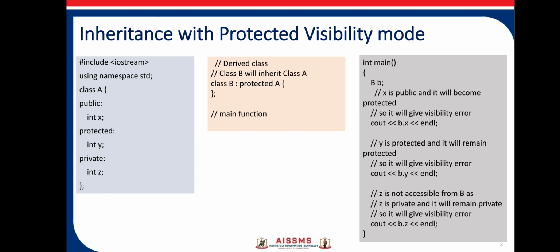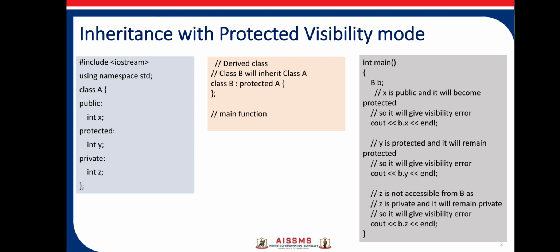With the help of base class A, we derive the class B with the visibility mode protected. Because of this, whichever contents of base class A are in public mode will get converted into protected, and protected will remain protected. But private cannot be changed into protected, it will remain private as it is.